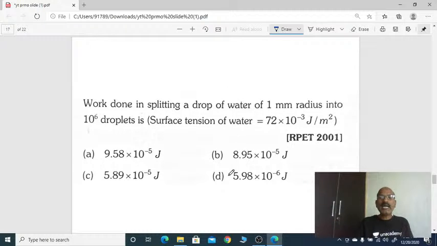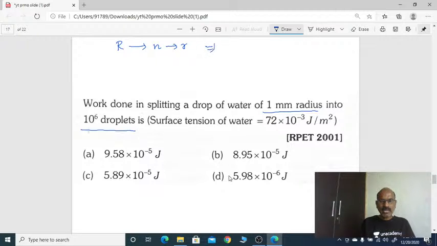Work done in splitting a drop of water of 1 mm radius into 10 power 6 droplets. How much work is done to split a drop of water? Take a drop of water of radius capital R, split into n number of smaller drops of radius small r.